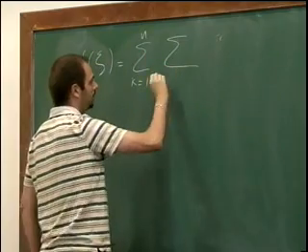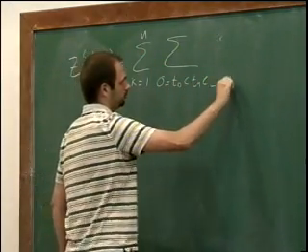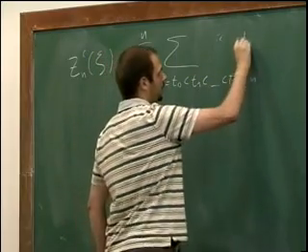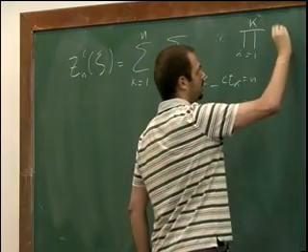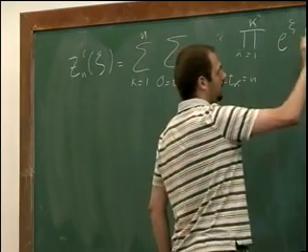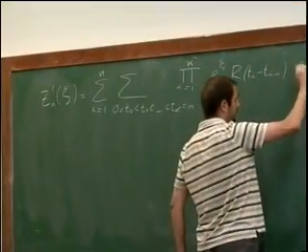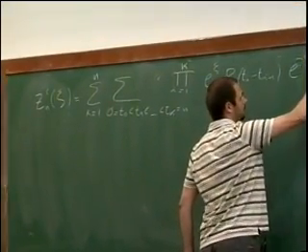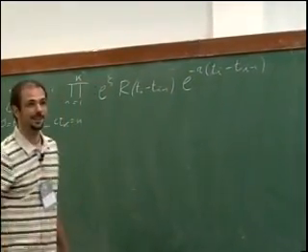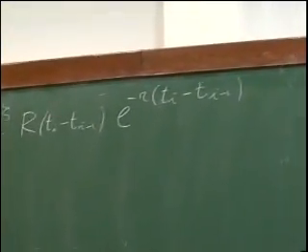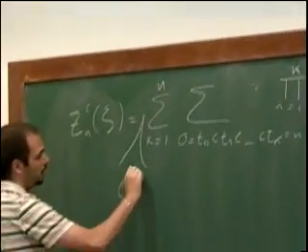Then we have the sum, then we have the product for i equal 1 to k. And then we have e to the zeta R of ti minus ti minus 1, e to the minus R of ti minus ti minus 1. Hoping that you can read now. Is it okay? And then here we have E^R n.